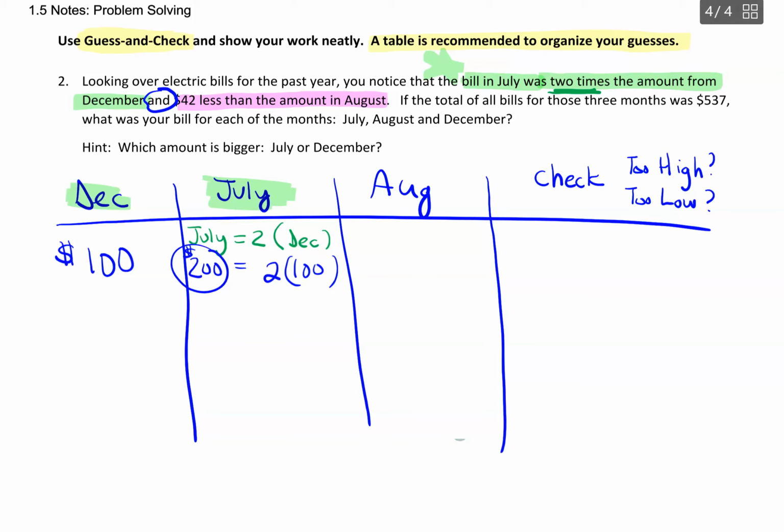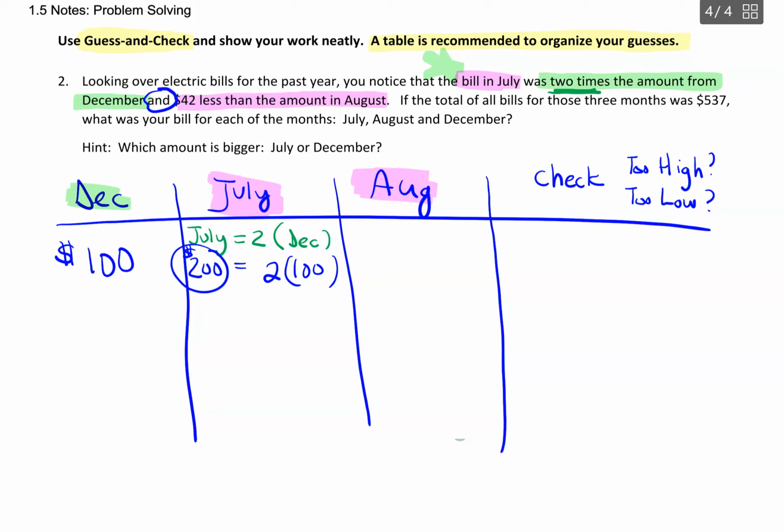Okay, now I'm going to go back and think about the relationship between July and August. So what do I know about that? The bill in July was 42 less than the amount from August. Well, do I know the amount from August? No, I know the amount from July.